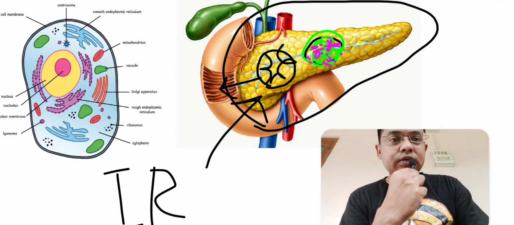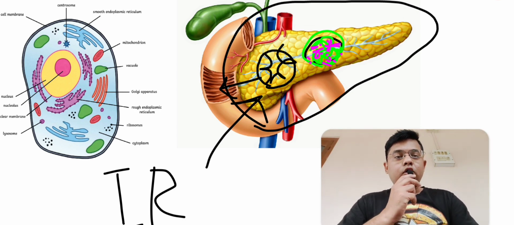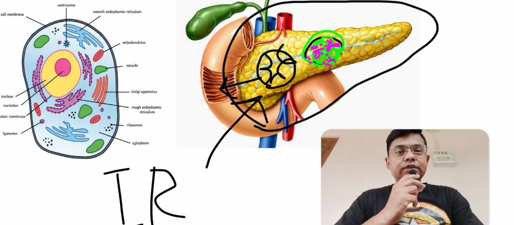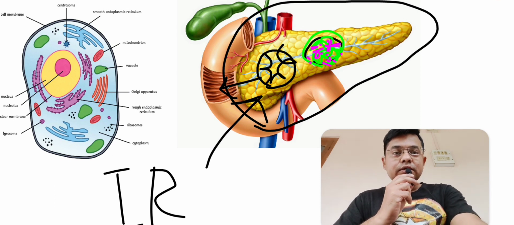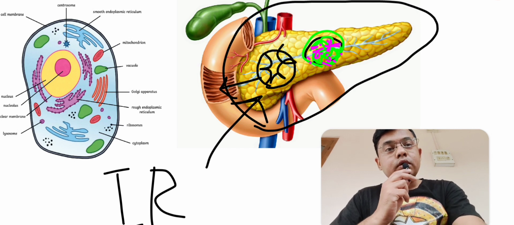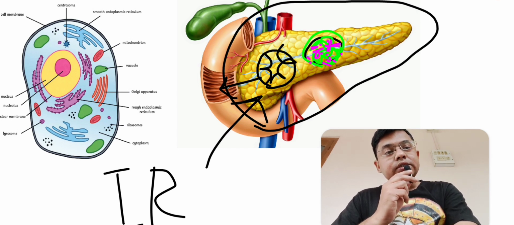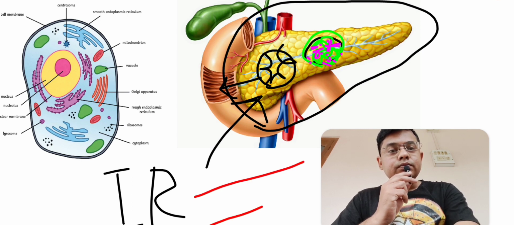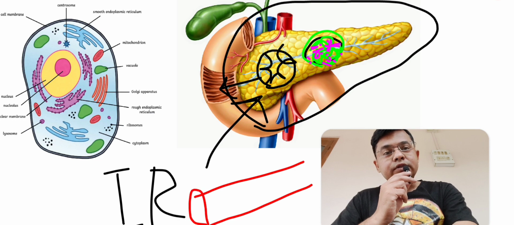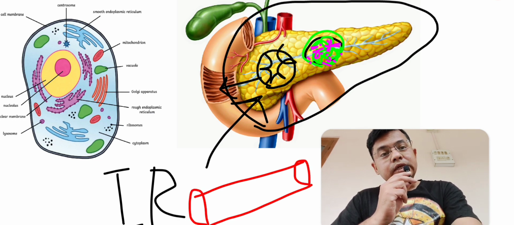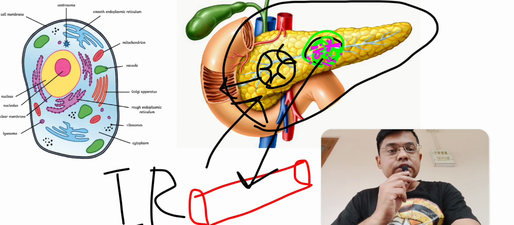From the alpha cells, a hormone called glucagon is secreted, and from the beta cells of the pancreas, insulin is secreted, and it comes to the blood vessels.